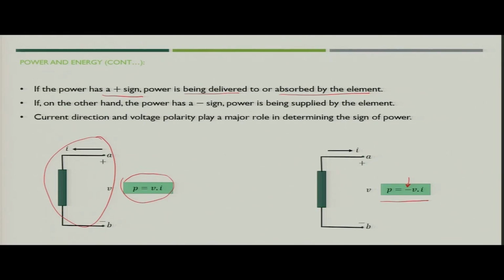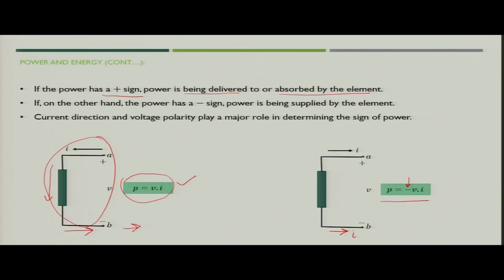Now, suppose the current is flowing like this, coming via this side. Alternatively, if current is coming out from the negative terminal, then also the power term will be positive.